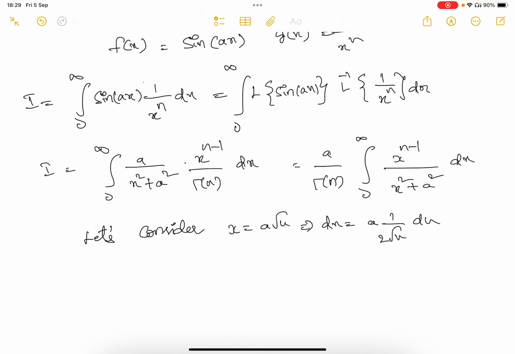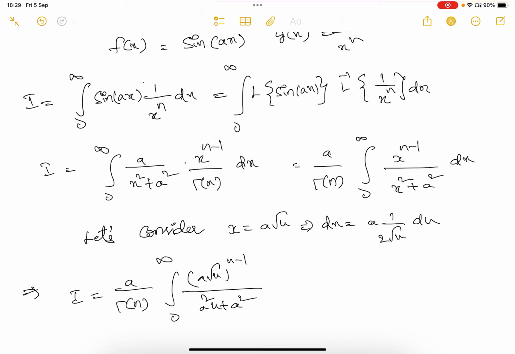Then let's proceed to write I. Then I is a by gamma of n into integral 0 to infinity x power n minus 1, right? X is a root u, so (a root u) whole power n minus 1, by x square is a square into u plus a square.